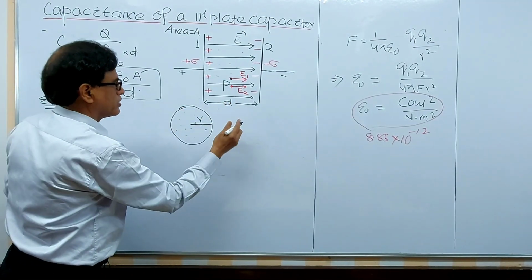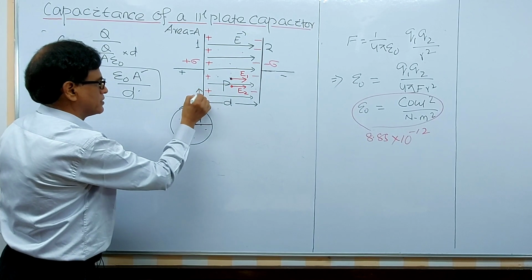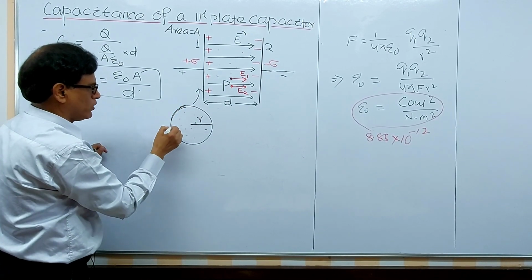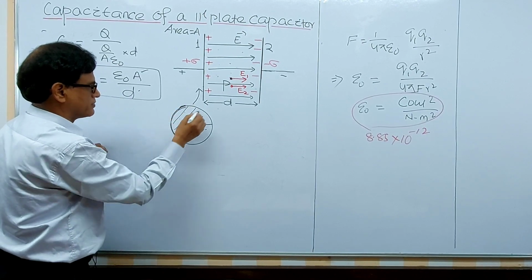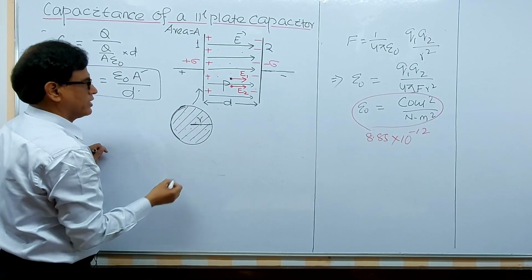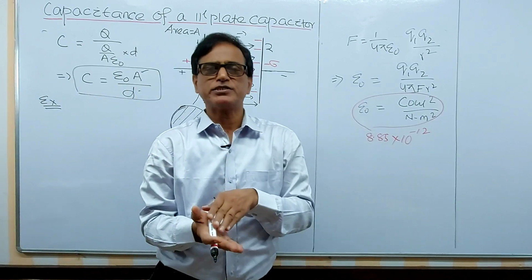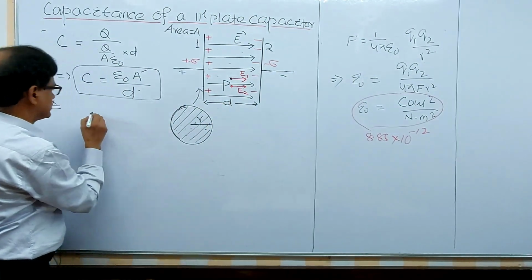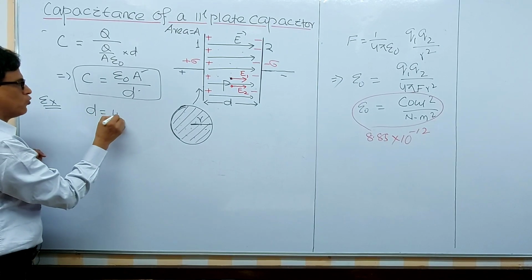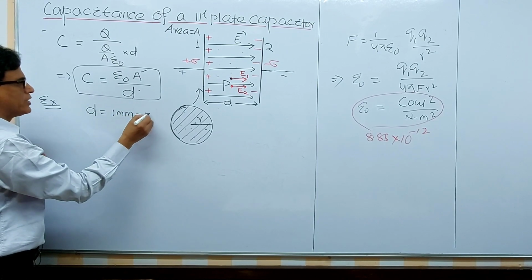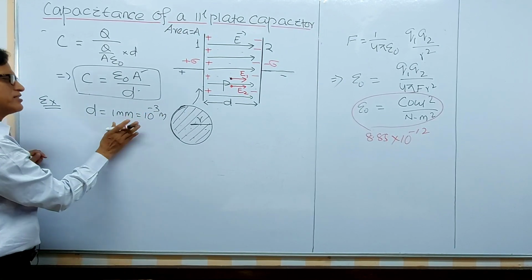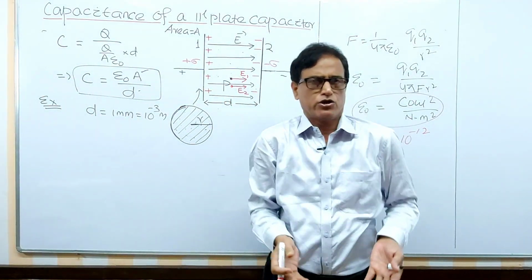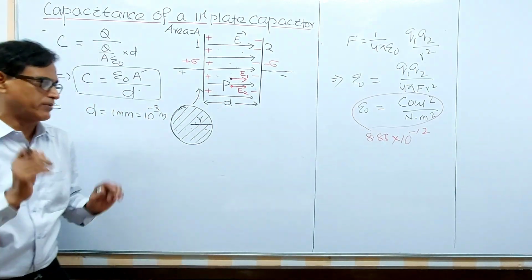Here these are the plates. This plate is a circular disc, a disc of radius r. How many discs will be there for a parallel plate capacitor? Two discs will be required. Now the separation between them is given, say 1 millimeter. 1 millimeter, or 10^-3 meter, is immaterial; you can write millimeter or centimeter, and convert it into meter to express capacitance in farad.